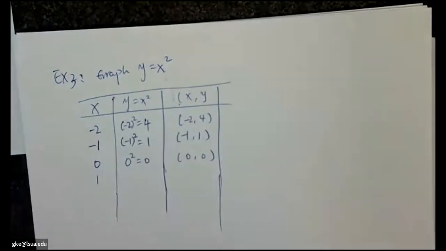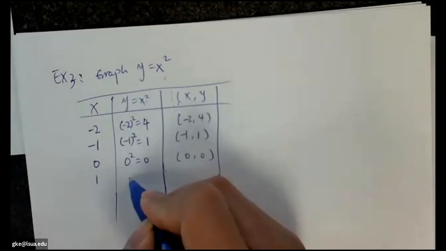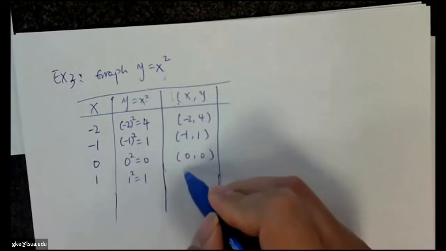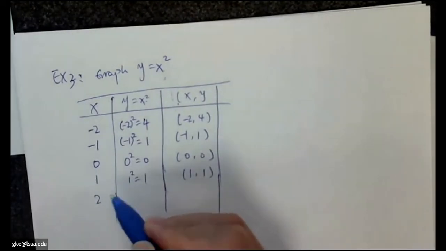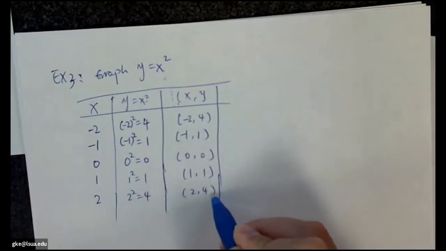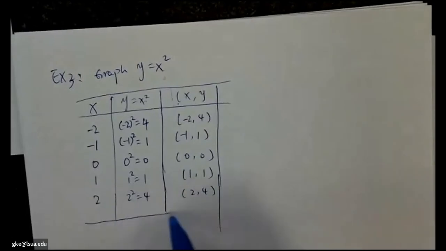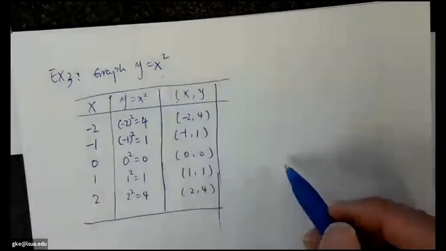If you pick 1, plug in 1 squared, that should be 1, so (1, 1), right? If you pick x equals 2, plug in 2 squared equals 4, so (2, 4), right? So we got this table. In this table, we have 5 points. Now you can draw a picture. Let's take a look.